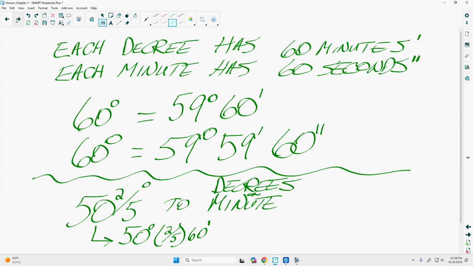What do you think? 24. And so this would be, thus the reason that I picked this problem, 50 degrees, 24 minutes, 0 seconds, because there's not another decimal or anything following it.